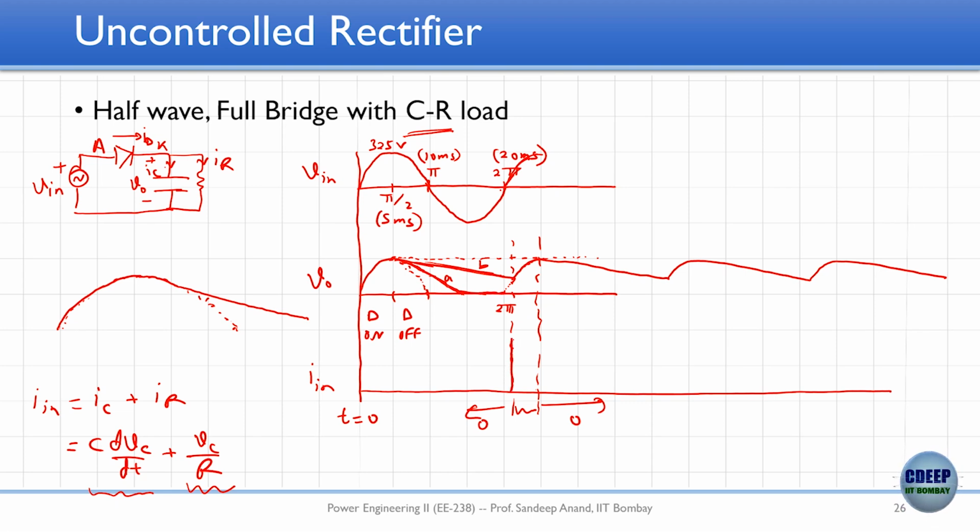The first term will start reducing, the second term will start increasing. So the combination of the two could be something like this maybe, I do not know. Does it make sense? Or it could be something like this also, depending on the values of R and C, of course. Whatever be the case, you will have current only in this region.